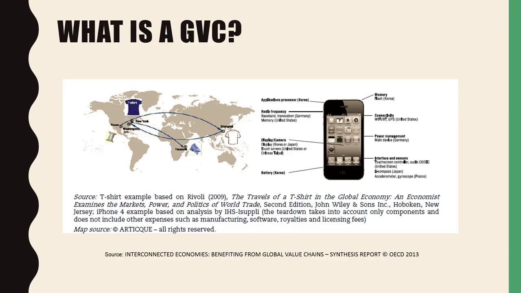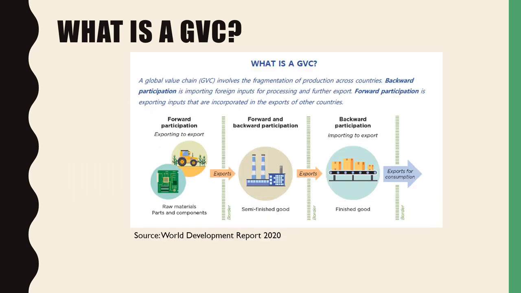So it is worth studying how this phenomenon affects the countries involved in GVC. But before we can do so, let's look at two types of global value chain. Actually, there are more than two types, but I would only like to talk about the two most common types.